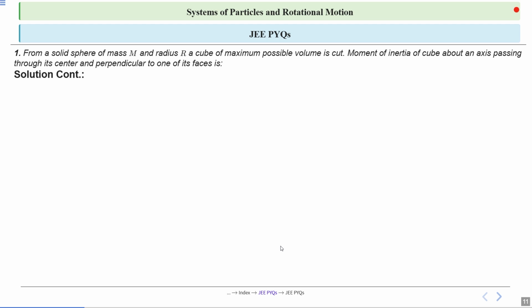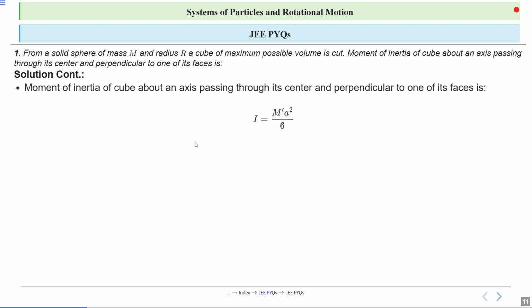So the moment of inertia of the cube about an axis passing through its center and perpendicular to one of its faces is I equal to m prime a square divided by 6. This is the moment of inertia of the cube. Now we know the value of a, so just put it here.